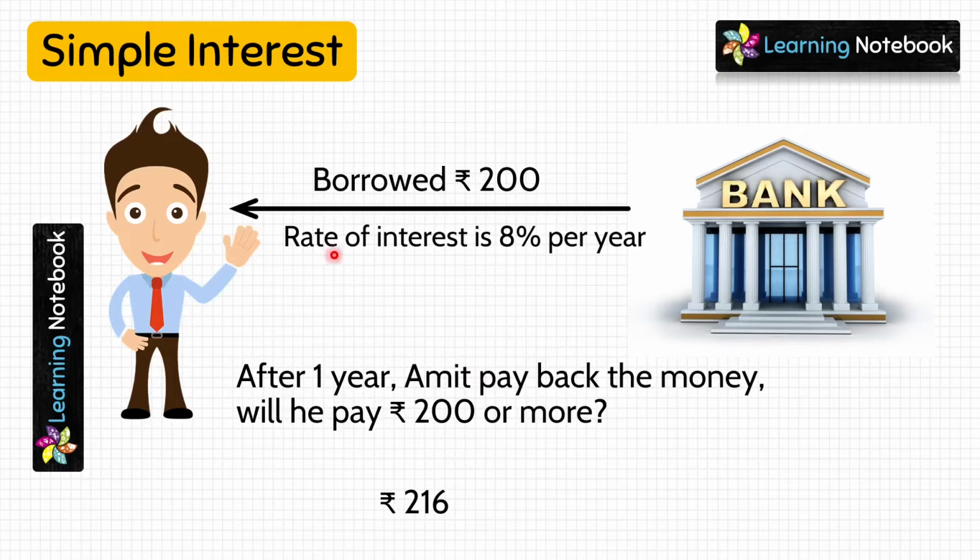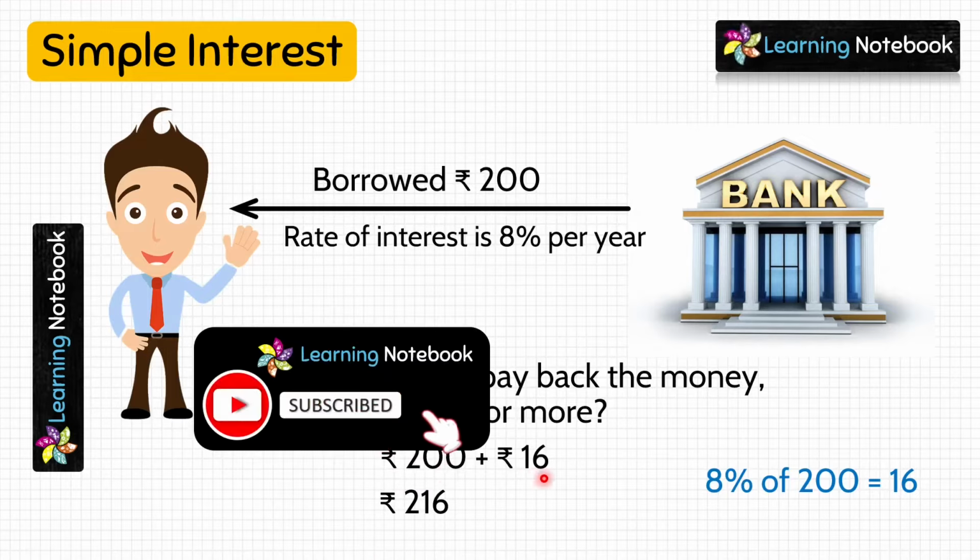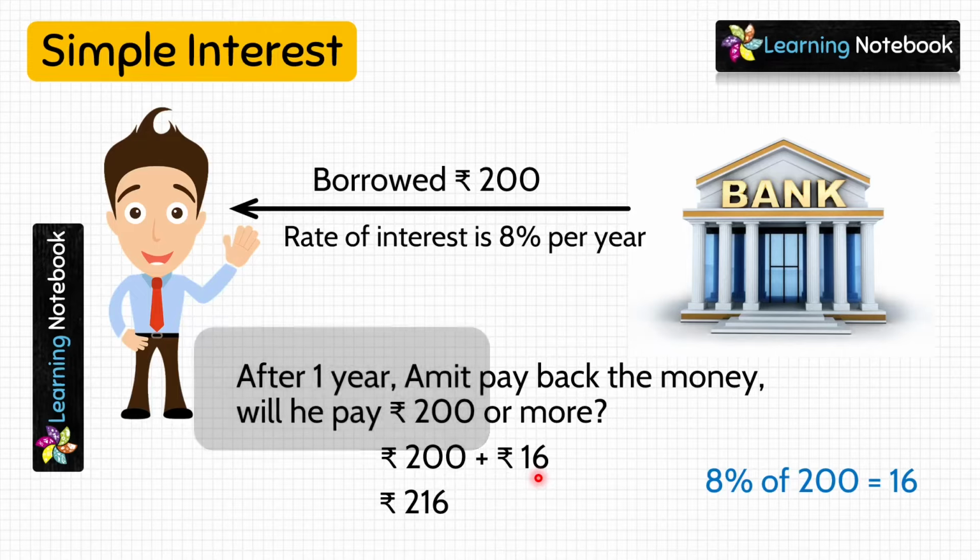Because he agreed to pay 8% rate of interest per year on the borrowed money, and 8% of 200 equals rupees 16. So it means Amit will pay 200 rupees as well as 16 rupees of interest, which equals rupees 216.